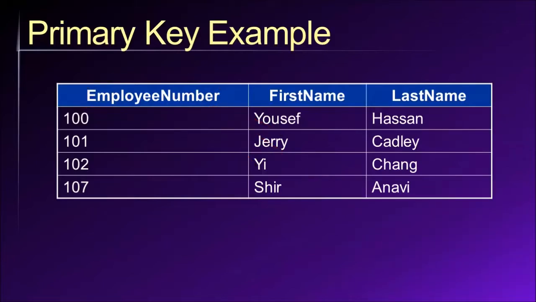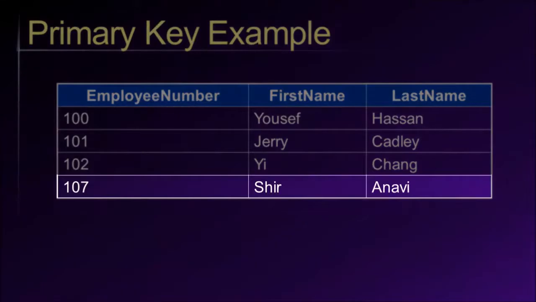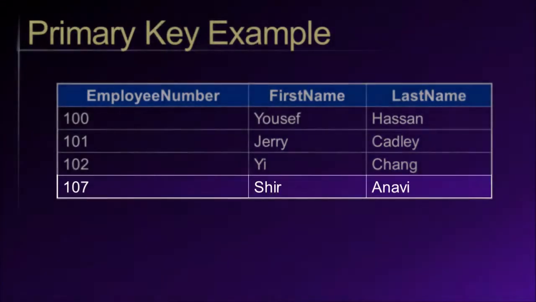For example, if I know that the employee number in which I am interested is employee number 107, there should only be one employee number 107 within this entire table, and I can then use that value to identify the employee. In this case, Shir Anavi.